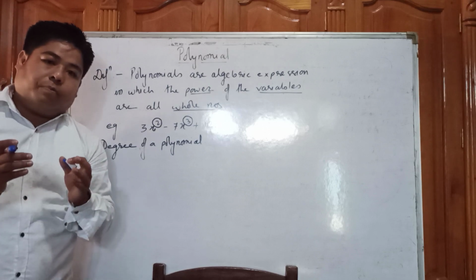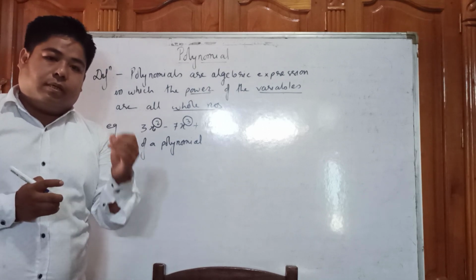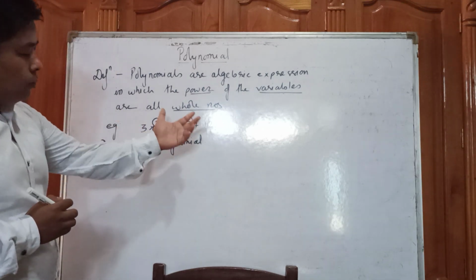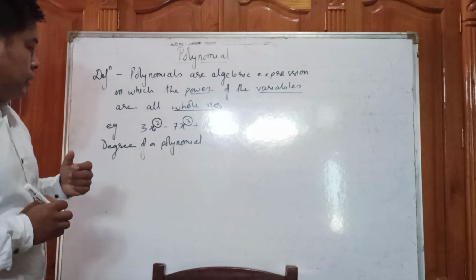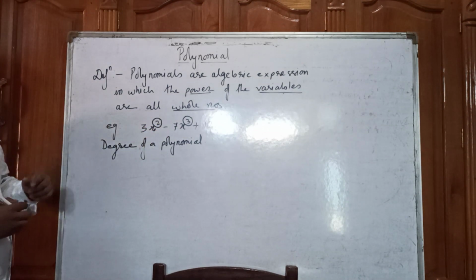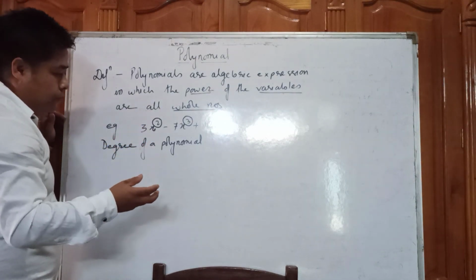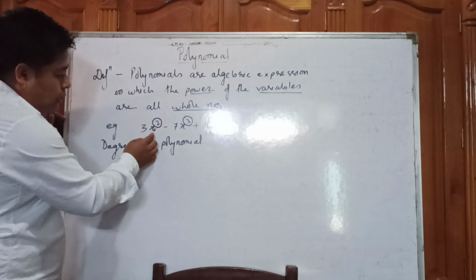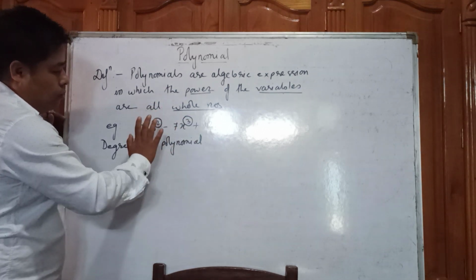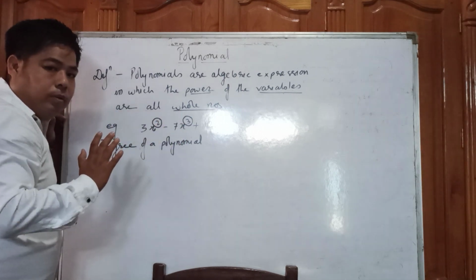To find the degree of a polynomial is again very easy. The degree of the polynomial can be located by looking at the powers of the variable.